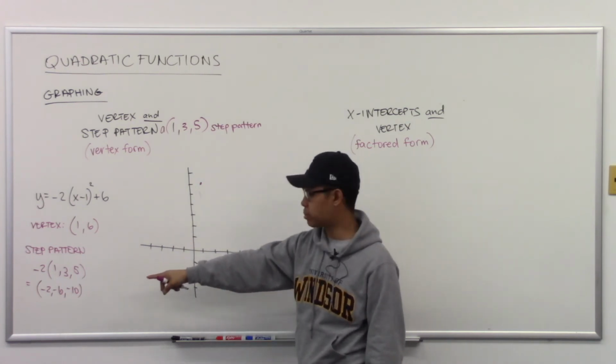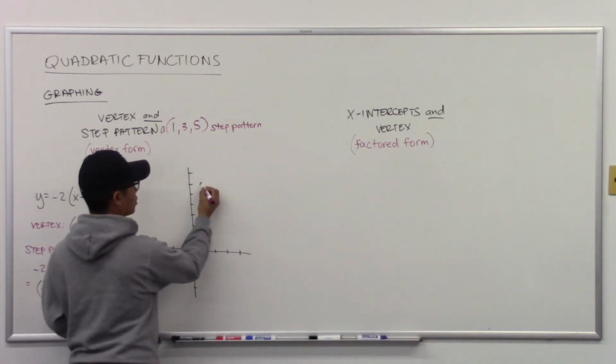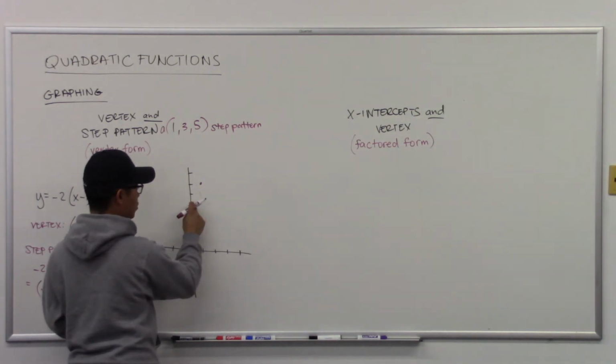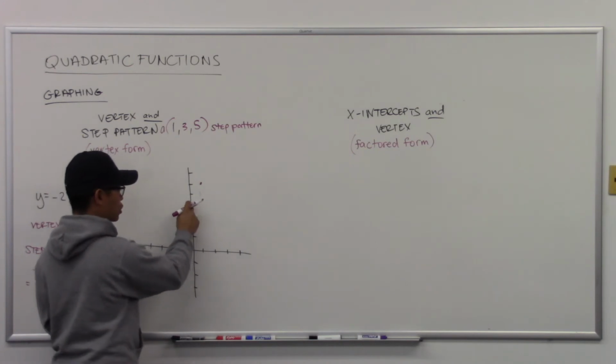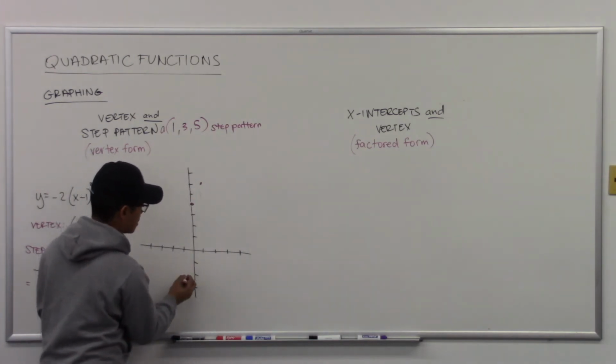So the step pattern is -2, -6, -10. From the vertex, you go left 1, down 2. So it's now here. Then you go left 1, another, you step to the left 1, then go down 6. So now it's here.